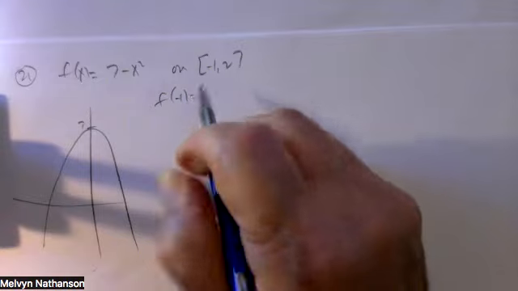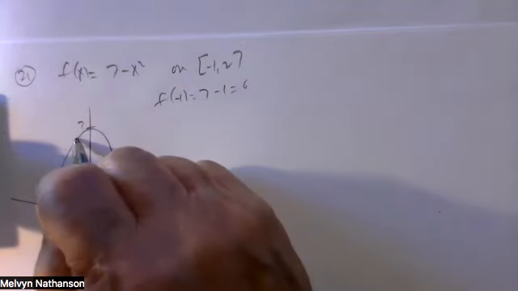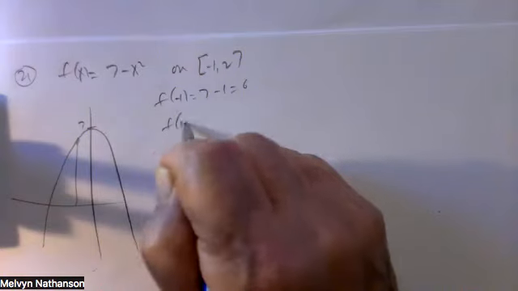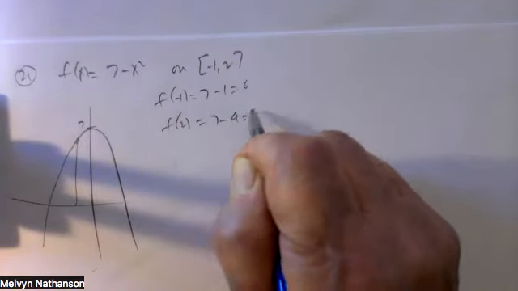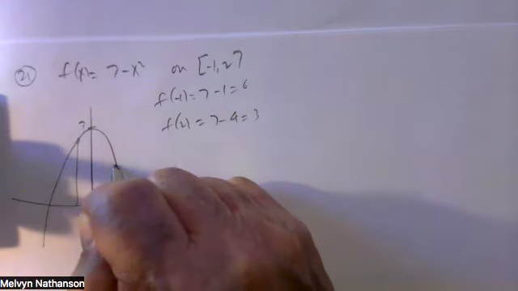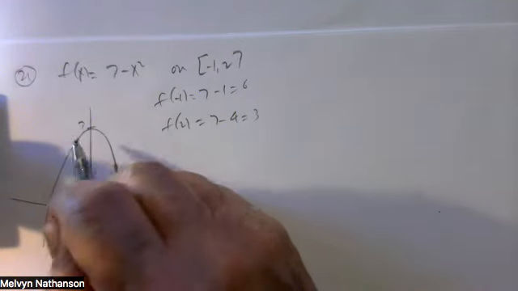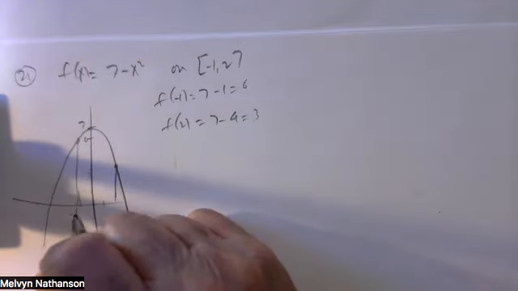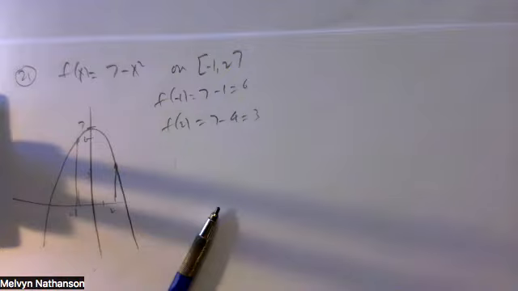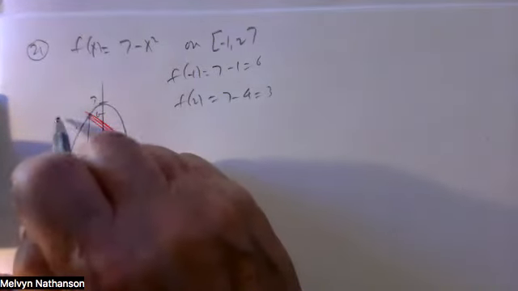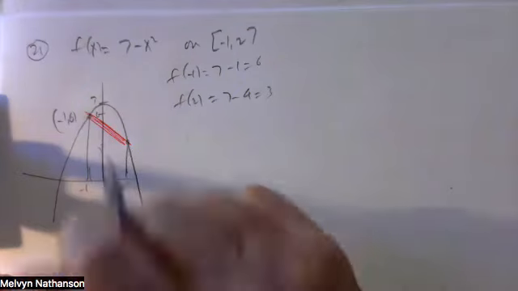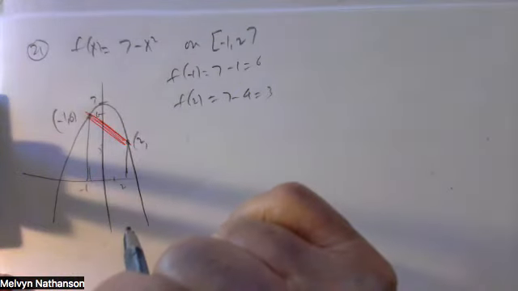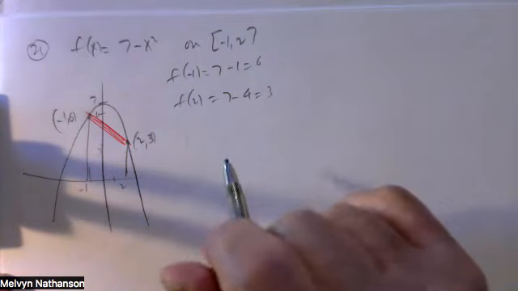f of minus 1 is 7 minus 1, or 6. And f of 2 is 7 minus 4, or 3. So this is 6, and this is 3. So if I look at the chord joining these 2 points, this is minus 1, 6, and this is 2, 3.